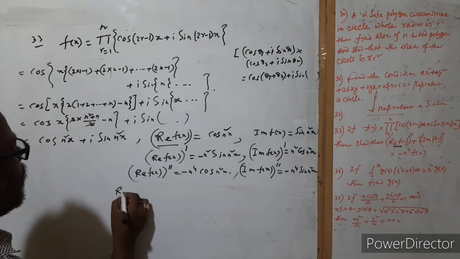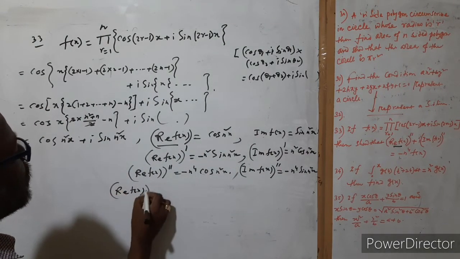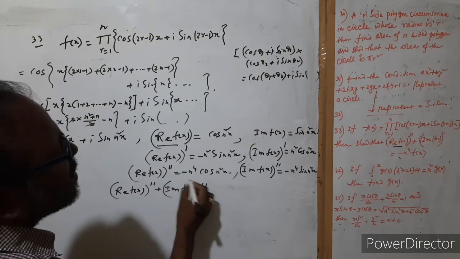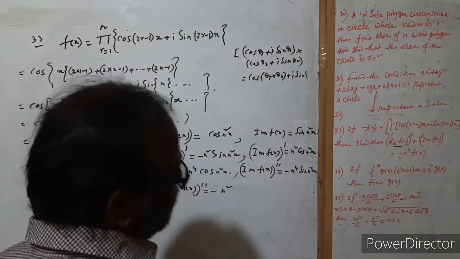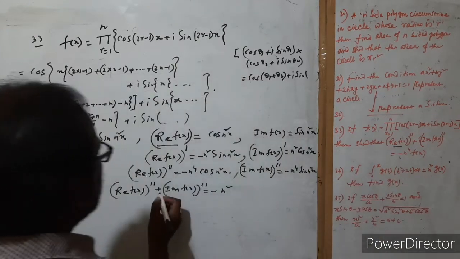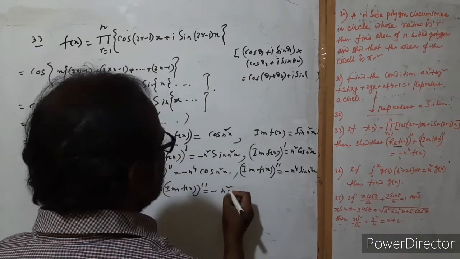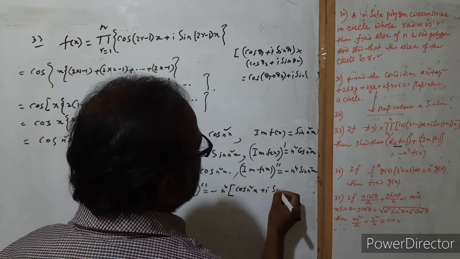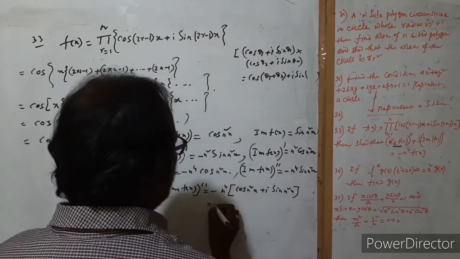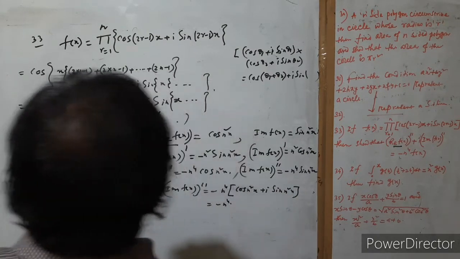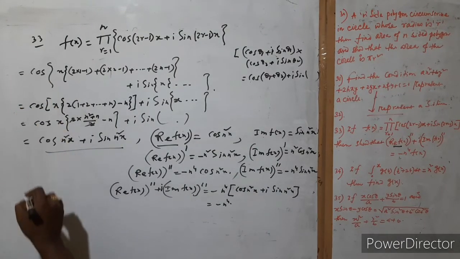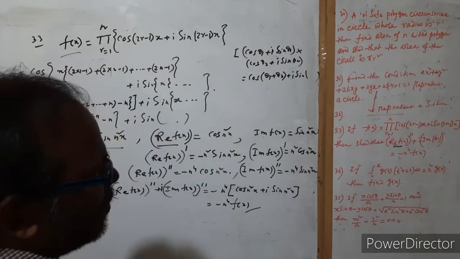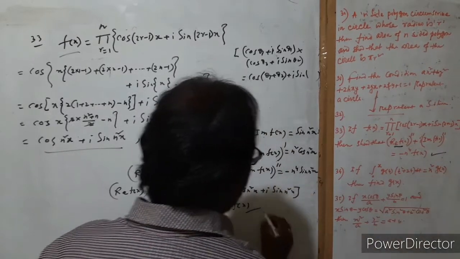If we add these two, taking i common, taking −n⁴ common: cos(n²x) + i sin(n²x), and that is equal to −n⁴ f(x). It's proved.